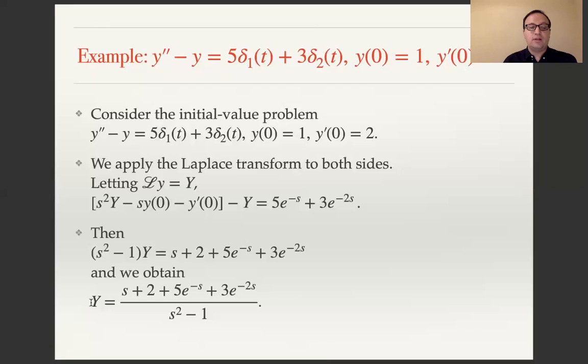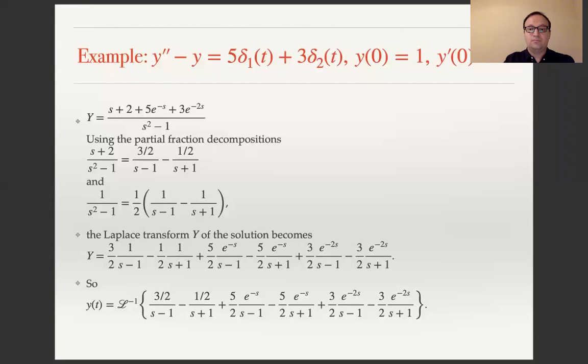So capital Y is equal to s plus 2 plus 5 e to the minus s plus 3 e to the minus 2s over s squared minus 1.